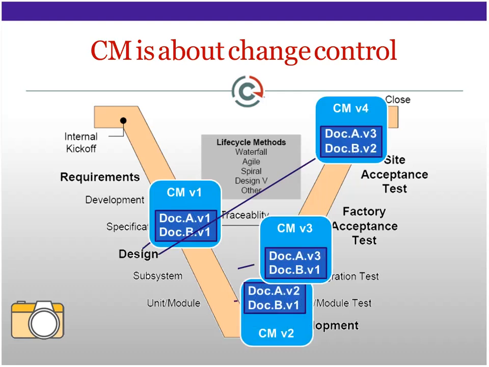Then at that moment, when you take a snapshot, you assemble the current versions of all the documents as a whole combined set of documents. And that is the configuration of that very moment. So version 1, 2, 3, 4 of the complete configuration of the complete system as a whole.